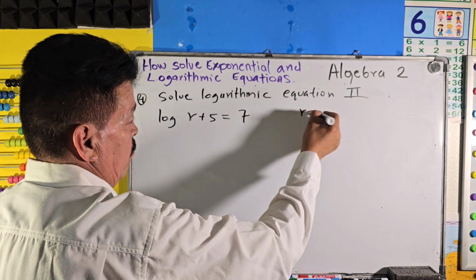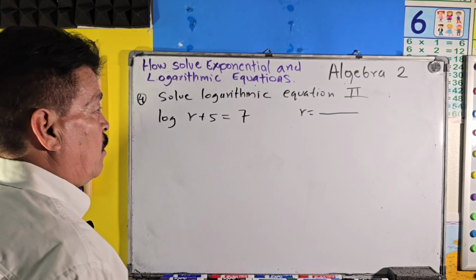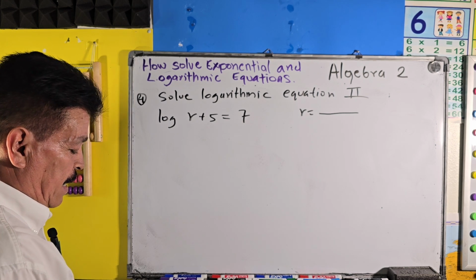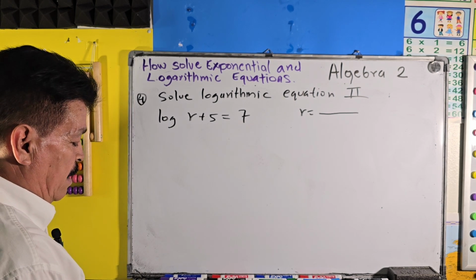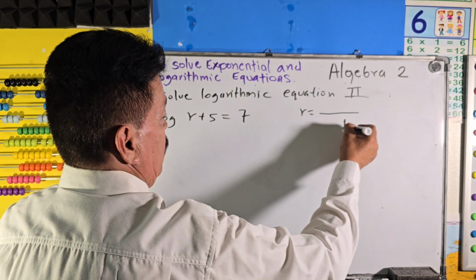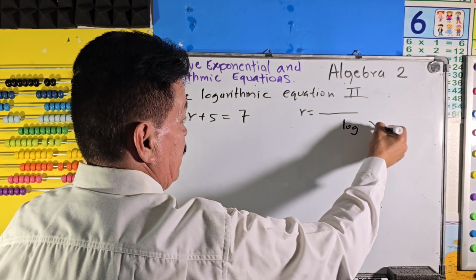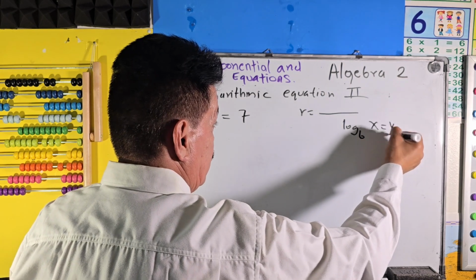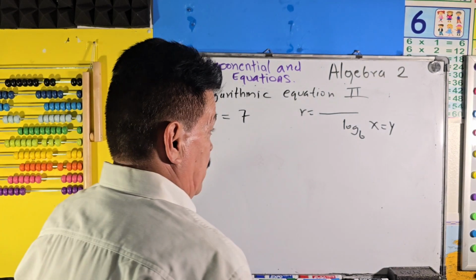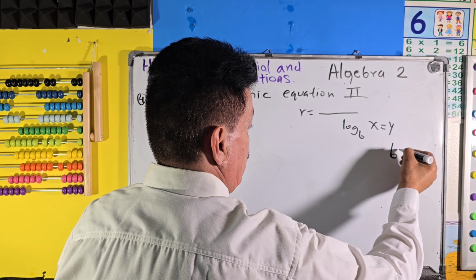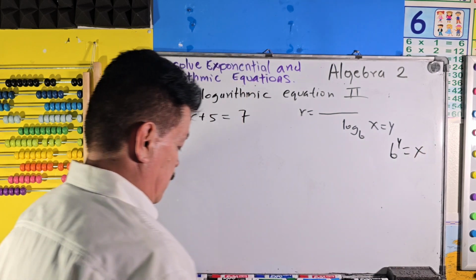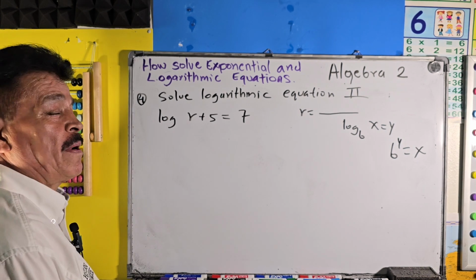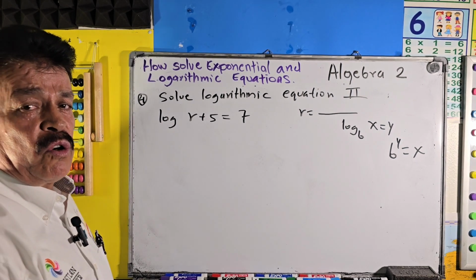We have to find how much r is. So again, the logarithm form: log x with the base b equals y means b to the y power equals x. And we also have to remember the rules of common logarithms.